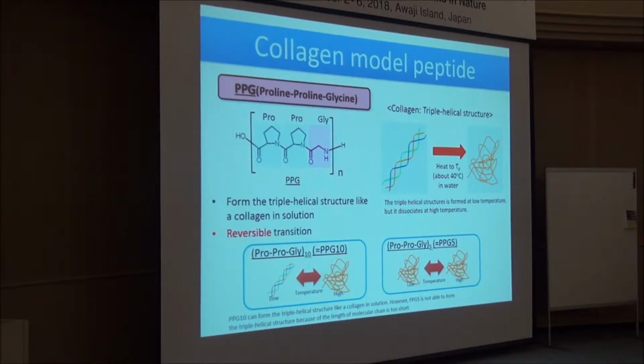However, PPG5 is not able to form the collagen triple helical structure because the length of the molecular chain of PPG5 is too short. And this structure change of PPG10 is reversible.